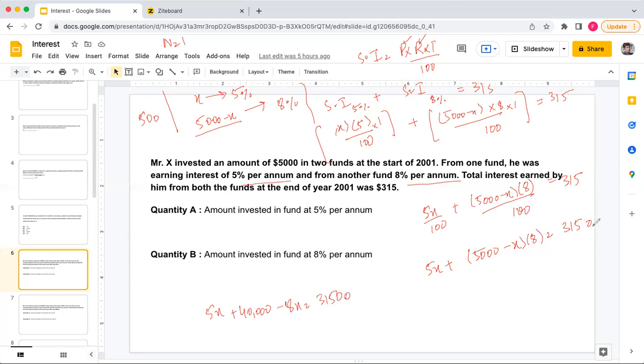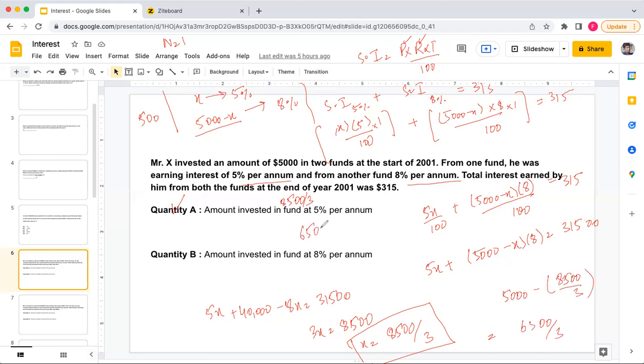If you proceed further, this will be 3x is equal to 8500 and x is equal to 8500 divided by 3, right? So the investment at 5% per annum is 8500 divided by 3, and investment for 8% will be 5,000 minus x, and that came out to be 6500 over 3.